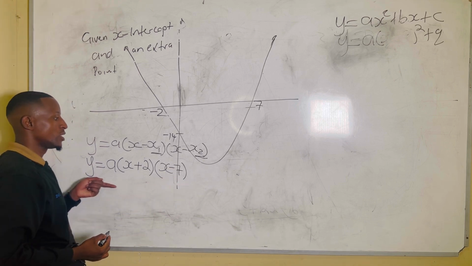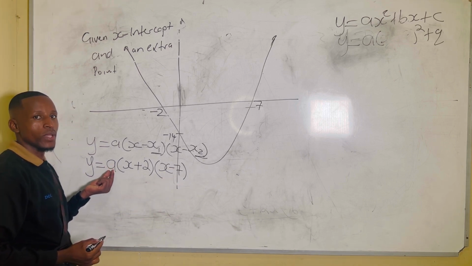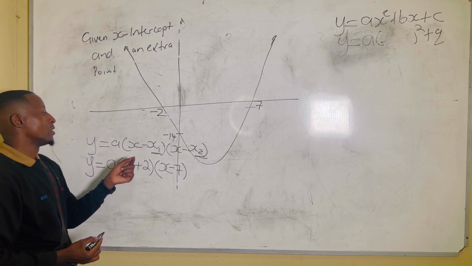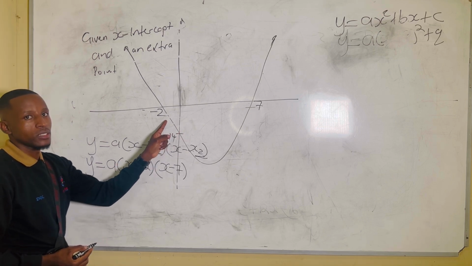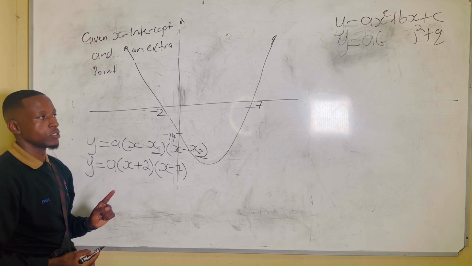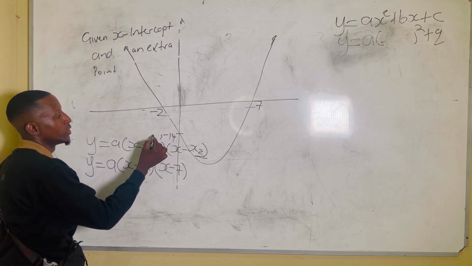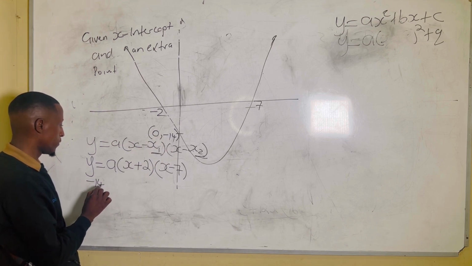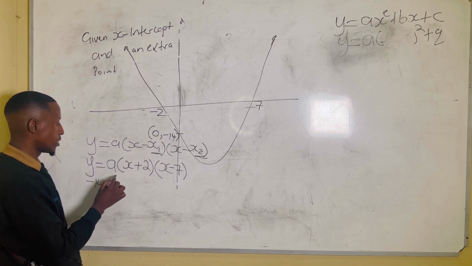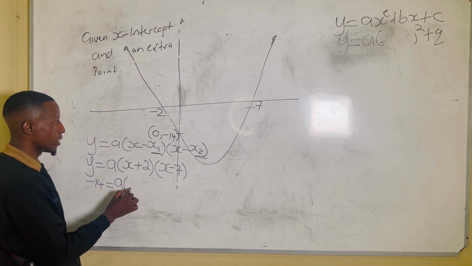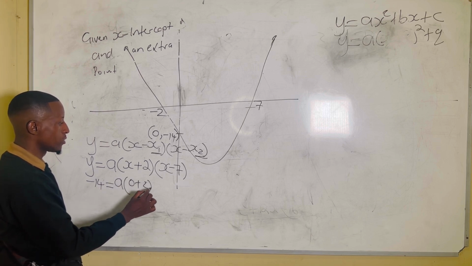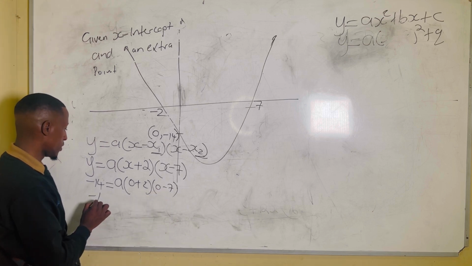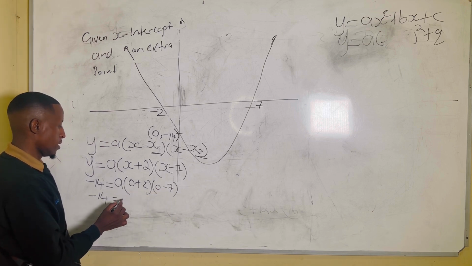So our equation is incomplete. We still have to find the value of a. To find a, you have to substitute an extra point, which is the y-intercept in this situation. So we know that at the y-intercept x is 0 and y is -14. Here, we're going to have -14 = a(0 + 2)(0 - 7).